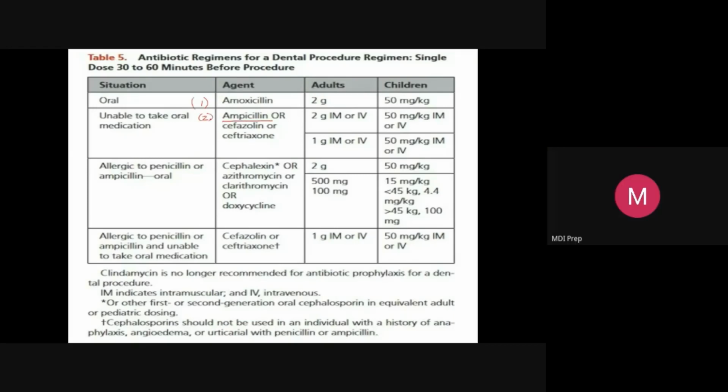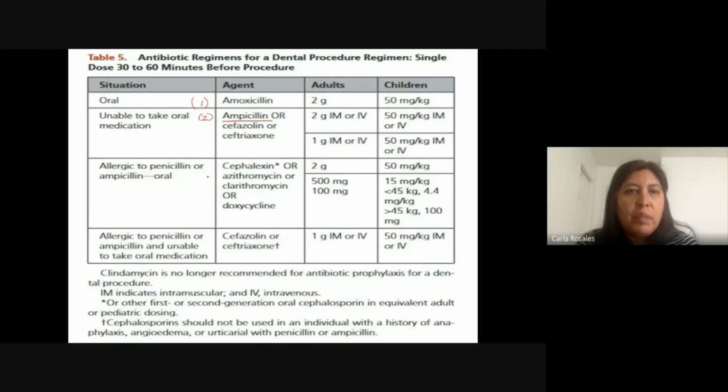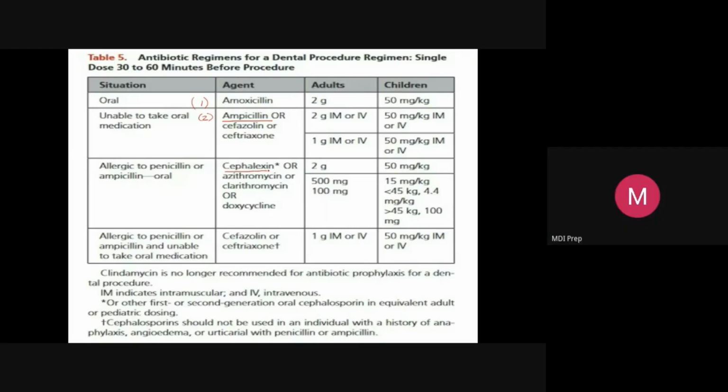What if they are allergic to penicillin? We have to give something for allergy, cephalosporin or azithromycin. Yeah, azithromycin, I think, is the most commonly used, right? So you can use cephalexin or any first generation cephalosporin. Azithromycin, you could use azithromycin, clarithromycin.